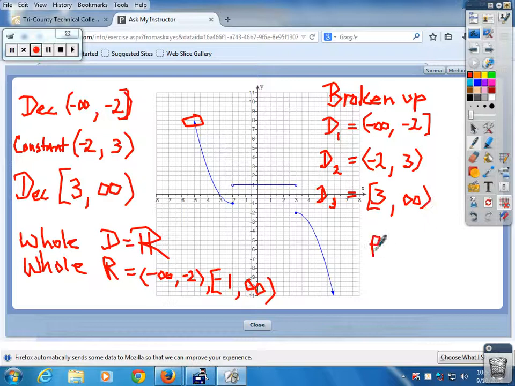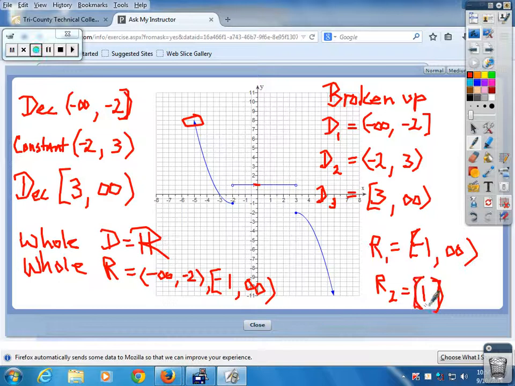Range for your first part is -1 to infinity. Big bracket. Range for your second part is what? 1. Big parentheses.